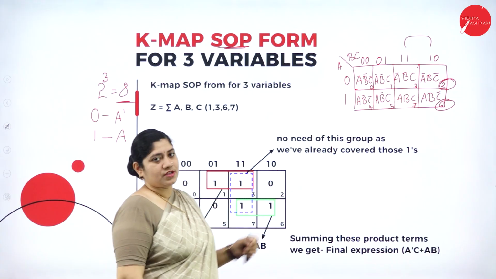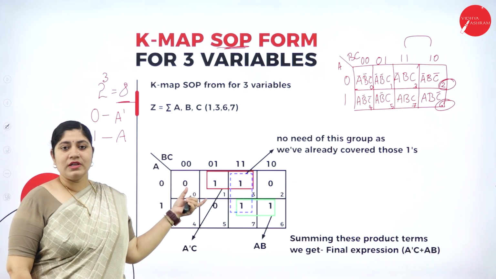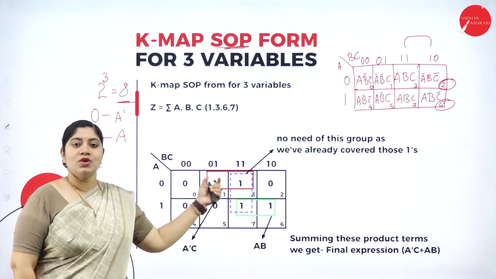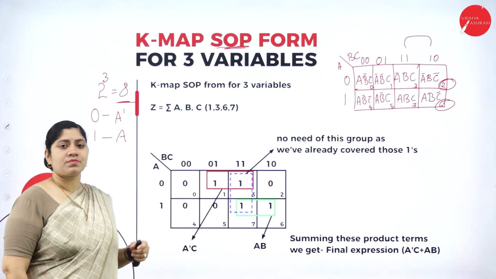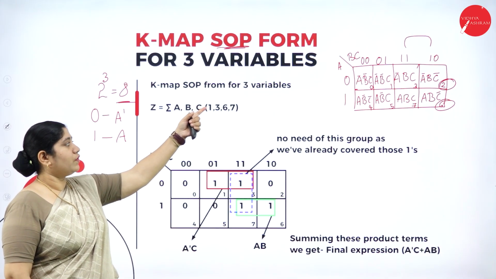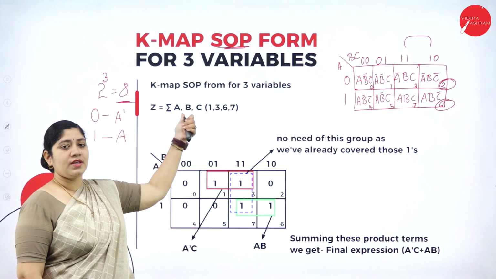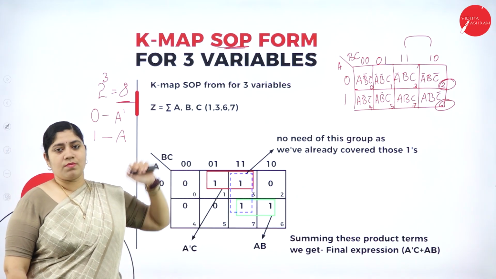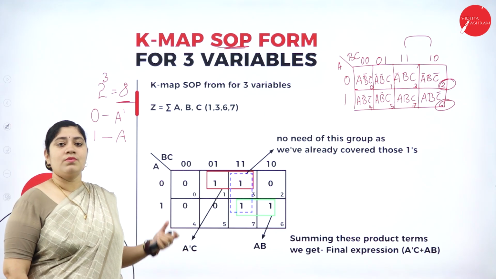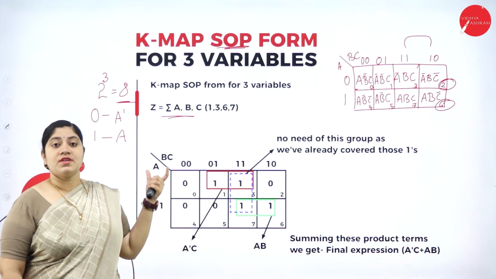That's a graphical representation. Now by using this, let's head to an example in order to understand how to do this. All right. The first example: simplify the K-map for 3 variables, Z equals summation of A, B, C, followed by the vector C of 1, 3, 6, 7. By seeing this, we can see that it's a summation.